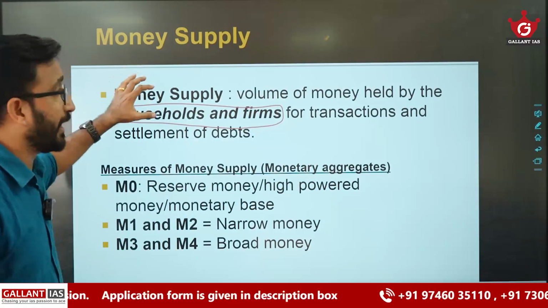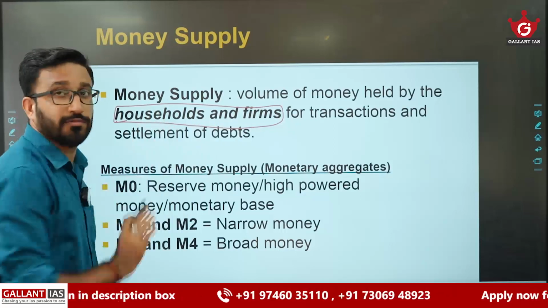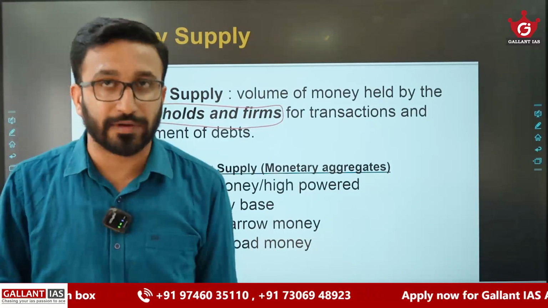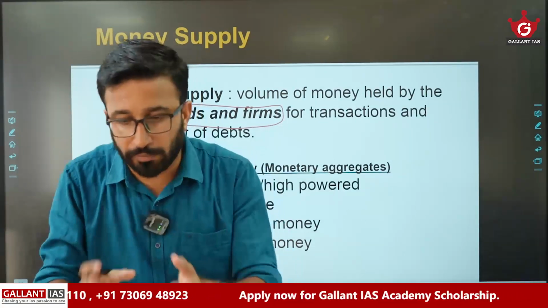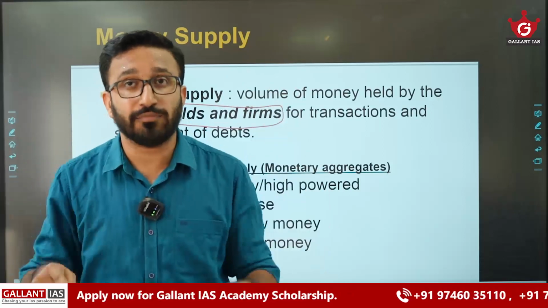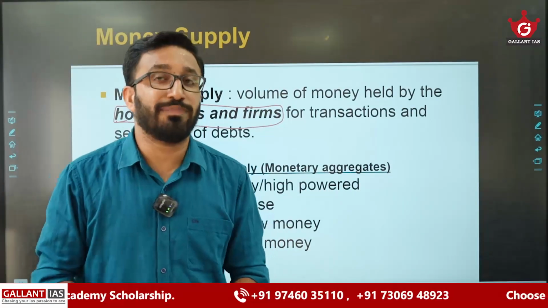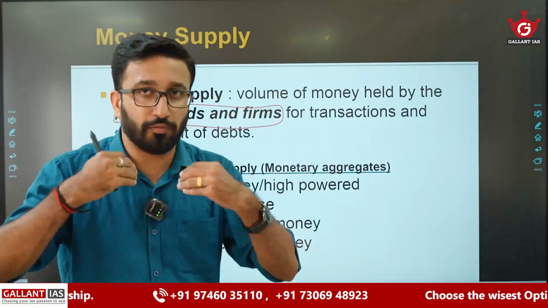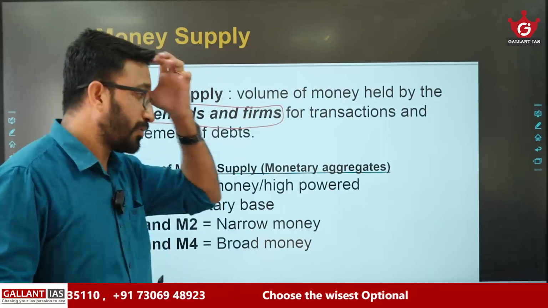So the money supply contains the volume of money held by households and firms for transactions and settlement of debts. So whenever the term money supply comes into your mind, you need to know it's the volume of money held by households and firms, so that means individuals, not by banks or government.